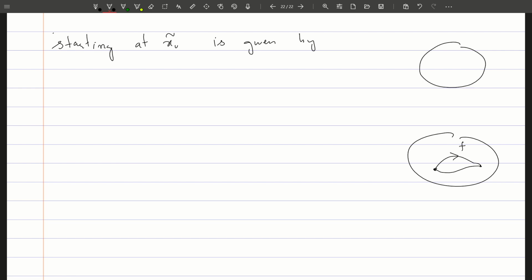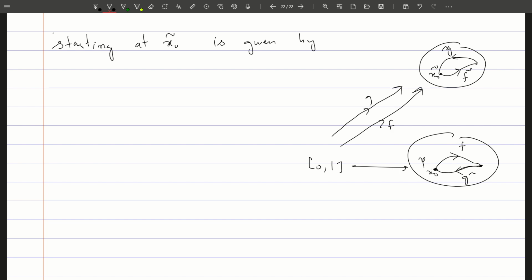First we travel f, then we travel g backwards, so we get the loop gamma, which starts at the point x naught. Here we have the interval 0 1, and here we have the two maps f tilde and g tilde. This is f tilde and this is g tilde, and this is the point x naught tilde.